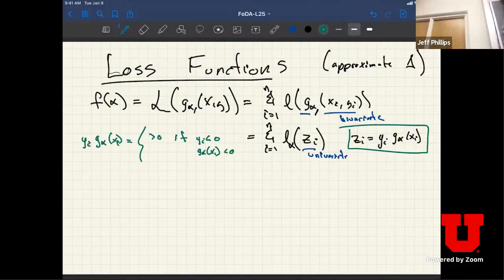So if the true value was negative, if y_i was negative and g_alpha(x_i) was also negative, well, then they match. That's great. It's going to give me a value which is greater than 0.